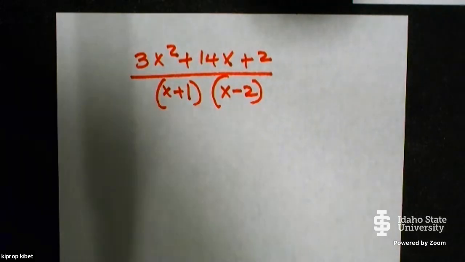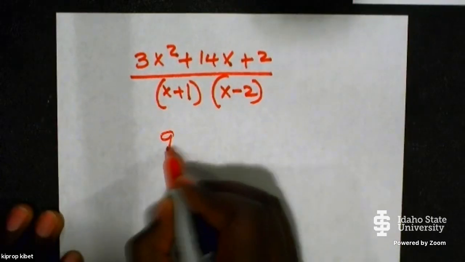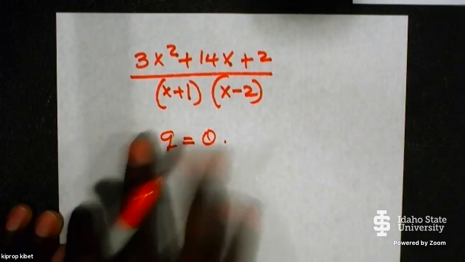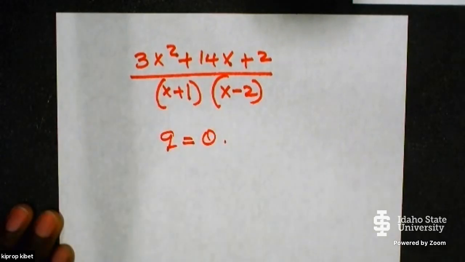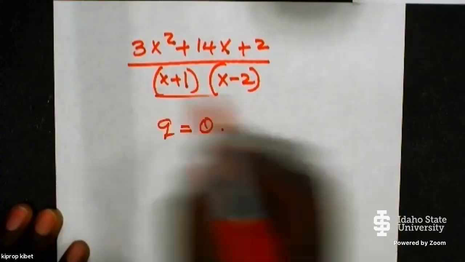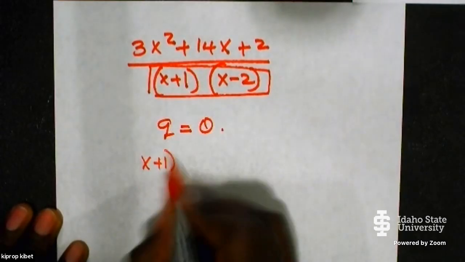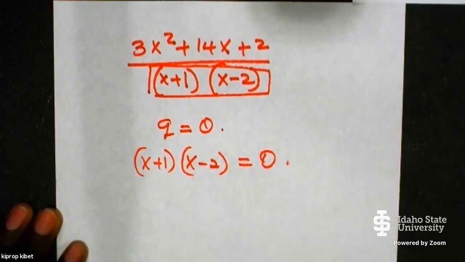Determine the values for which this expression will be undefined. To be undefined, Q should be equal to 0. So we equate this to 0: x plus 1 times x minus 2 is equal to 0.